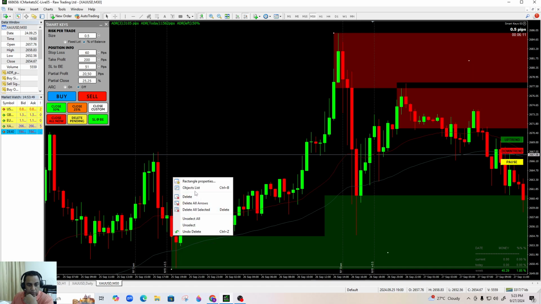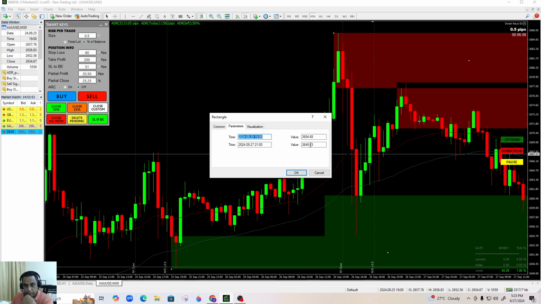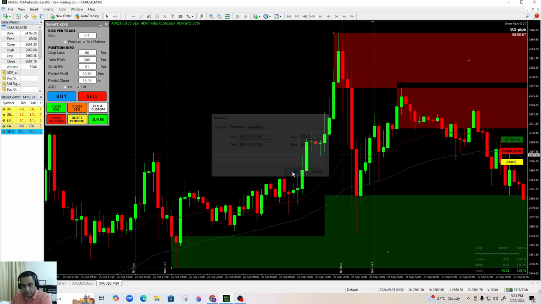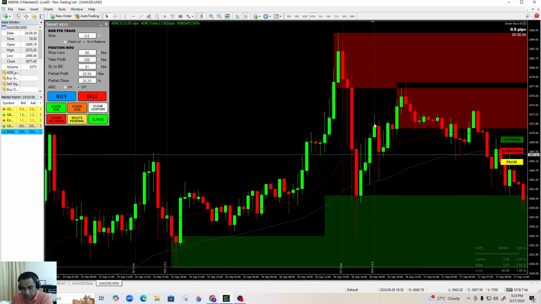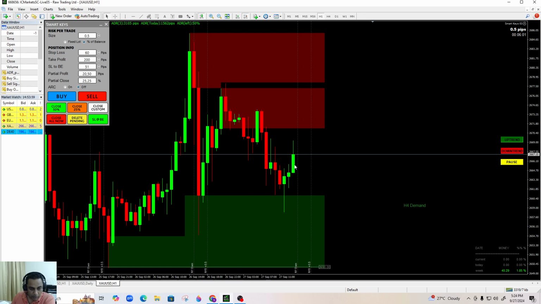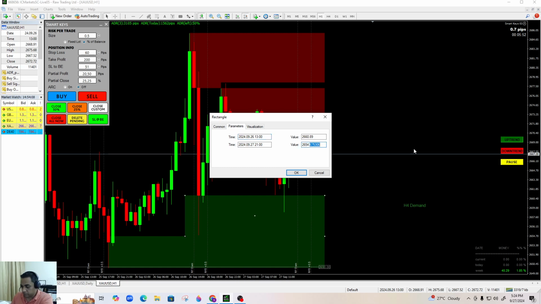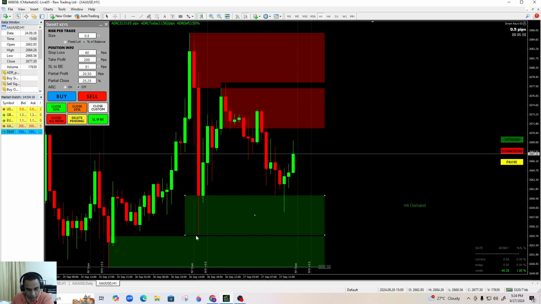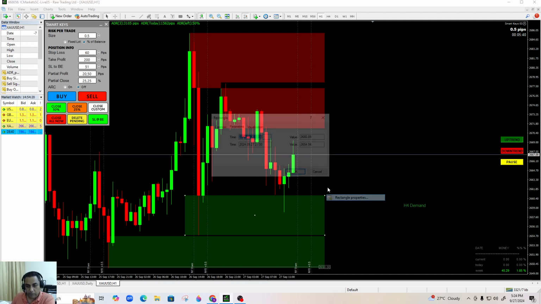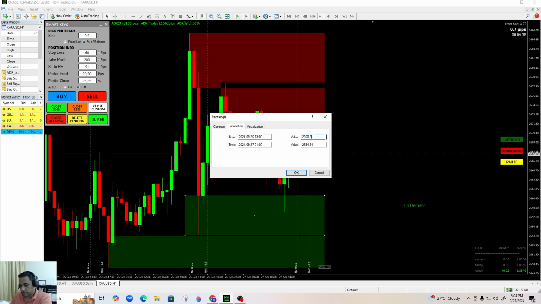This low is 54.84. So we haven't touched that zone yet, but price has come very close to it. And the open is 60.90.